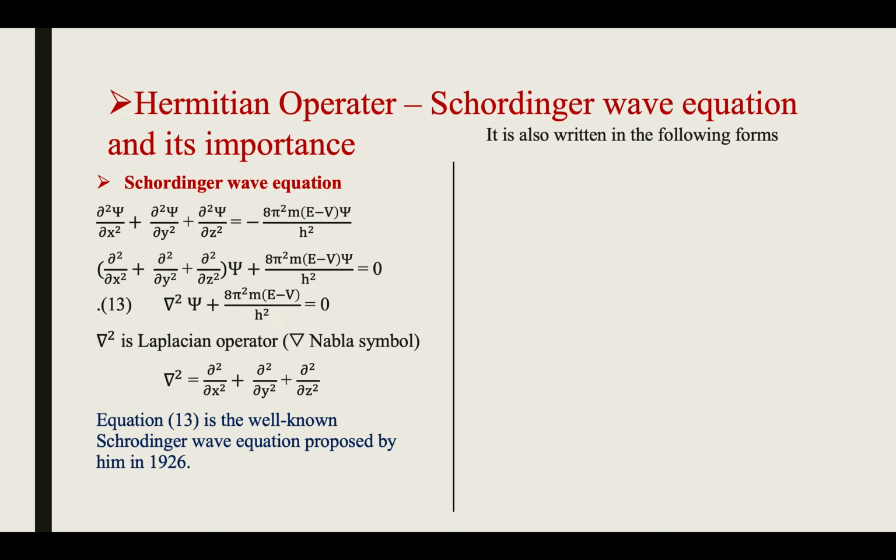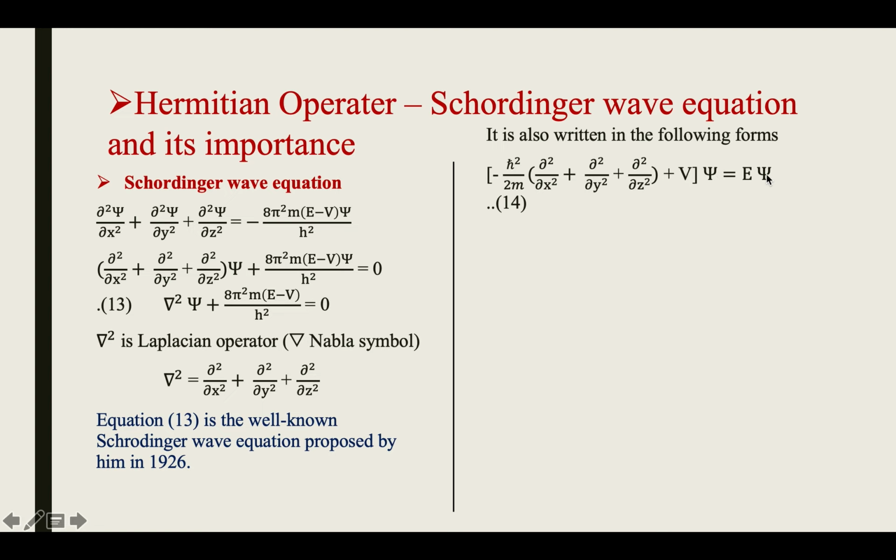It is also written in the following form: in brackets, minus h cross square divided by 2m, in brackets del square by del x square plus del square by del y square plus del square by del z square, bracket close, plus V, where V is the potential energy, big bracket close, into psi equal to E psi.